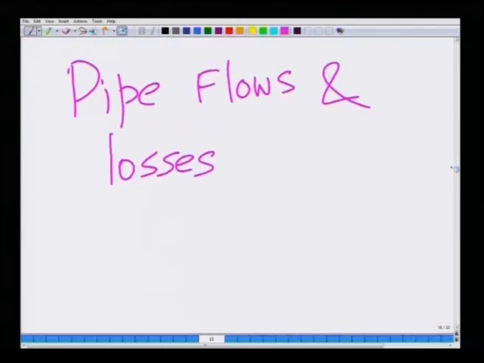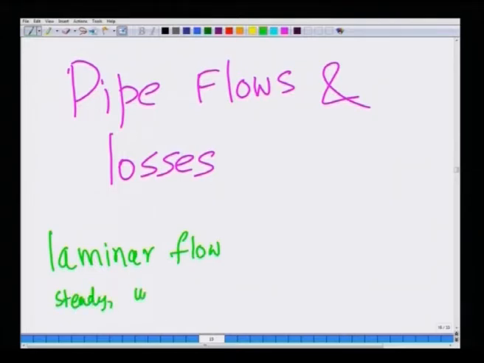Now, so far what we have been doing is that we have worried about laminar flow in a pipe. By laminar flow, we mean simple steady, unidirectional flow, and we have also restricted our attention to fully developed flows.